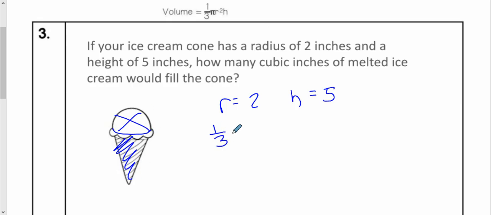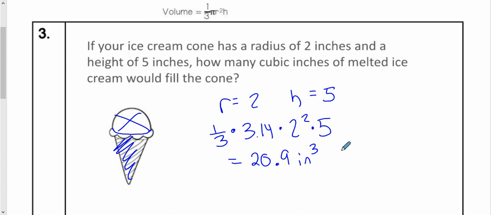That would be 1/3 times 3.14 times that radius squared, 2 squared, times 5. This one's going to come out not necessarily to be the best decimal, but it's okay. Comes out to be about 20.9 inches cubed. I rounded to the nearest tenth.